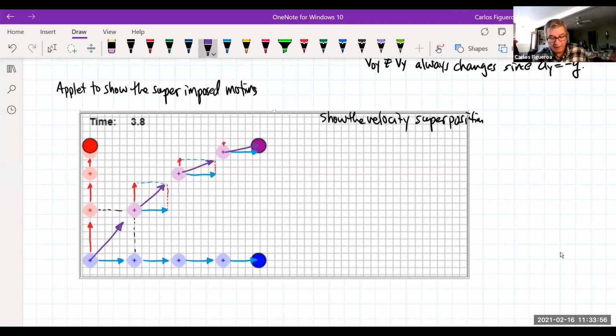And you can see that this velocity vector is getting flatter and flatter and flatter, right?